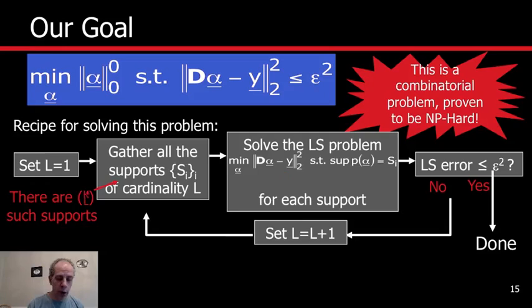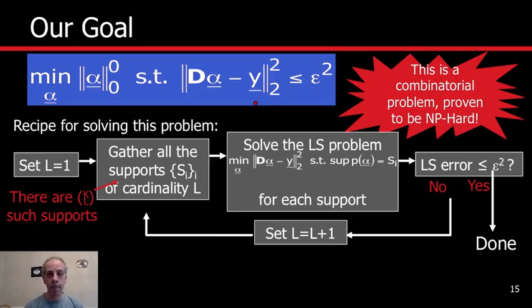Again, there are two chosen out of K, which is on the order of K squared, and we try all of them. We solve for each one of them a least squares problem, or a projection onto the subspace generated by the selected atoms. We try again, and we keep going, and we keep going.